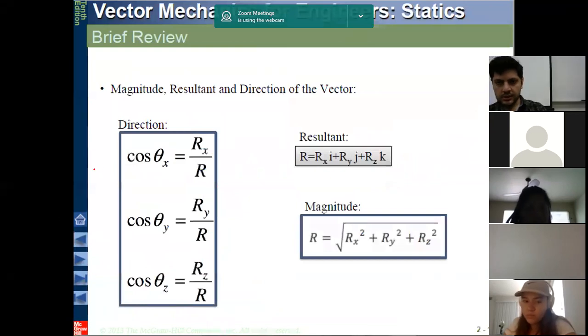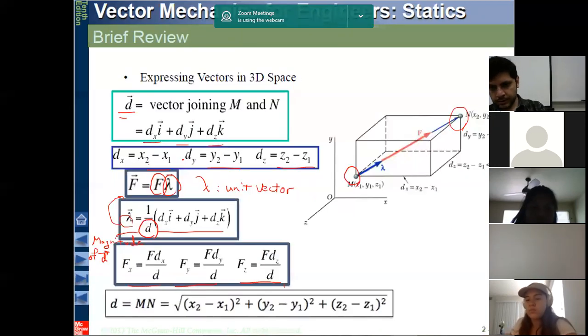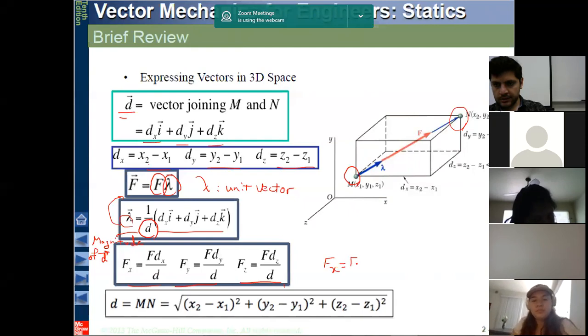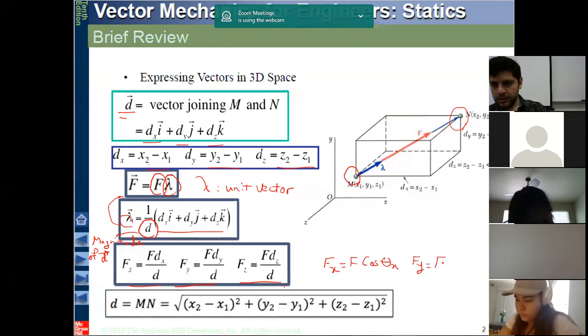So in this case, you need to write fx as F cosine theta x, fy as F cosine theta y, and fz as F cosine theta z.